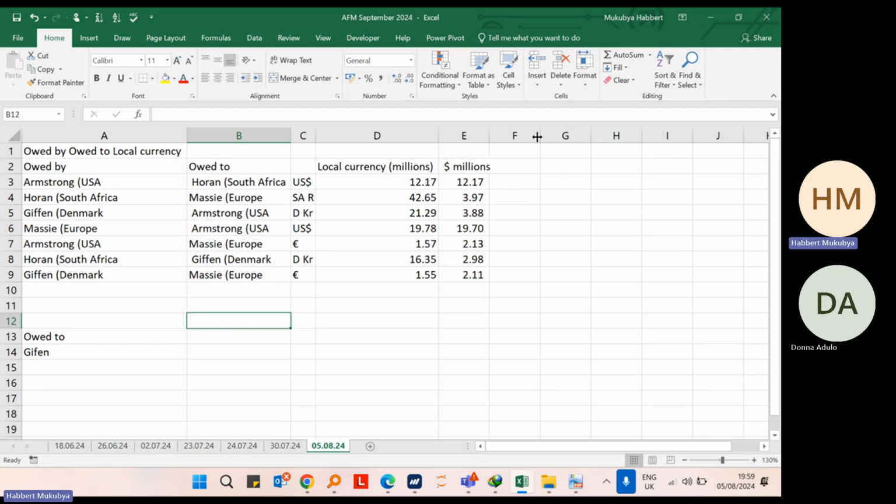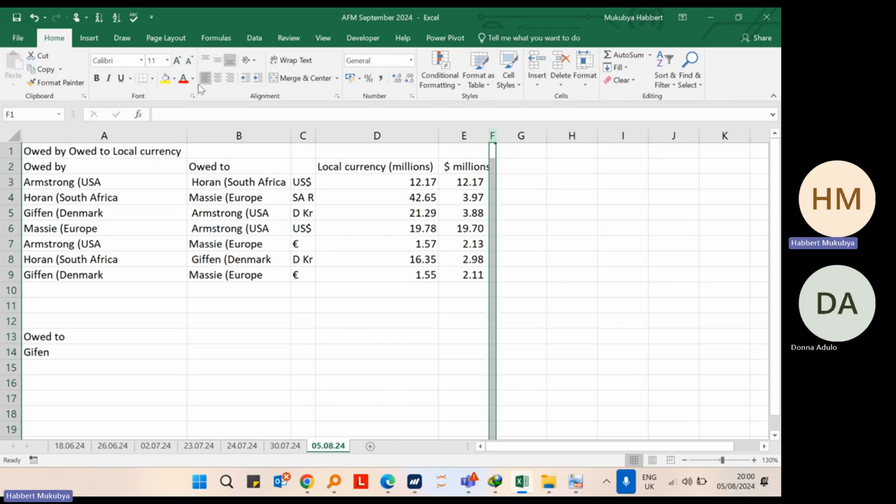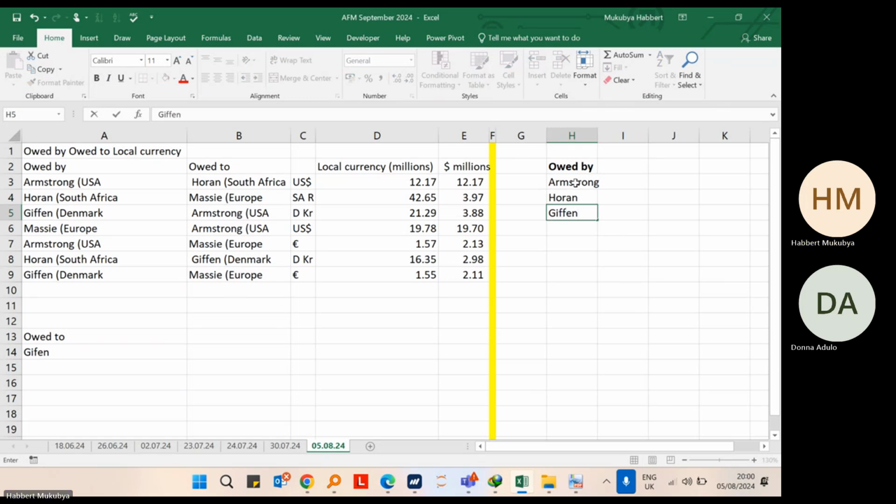If, for example, I were to list here, let's say, company owed by, then I'll have here Armstrong, then Horan, then Giffen, then Massey.